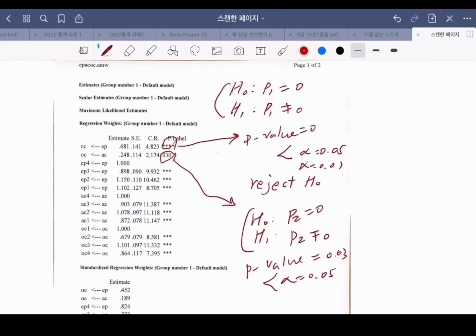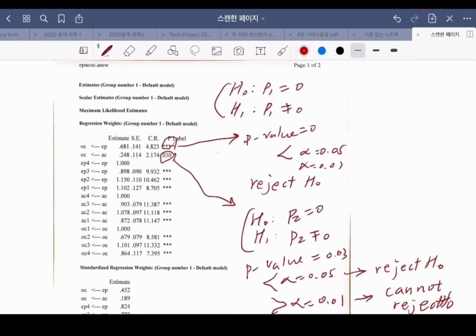But if alpha is 0.01, then 0.03 is greater than 0.01, so in this case you cannot reject the null hypothesis. This is the critical part.